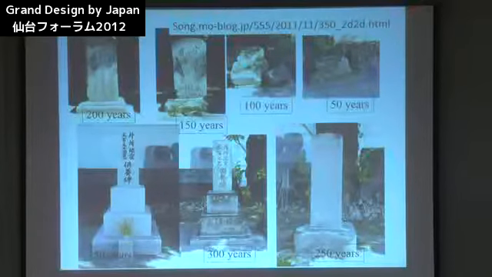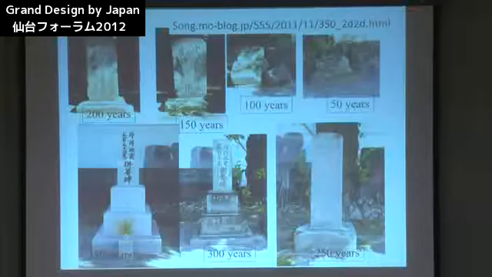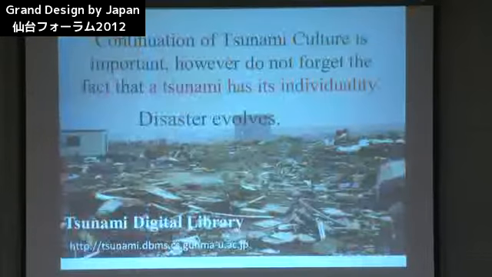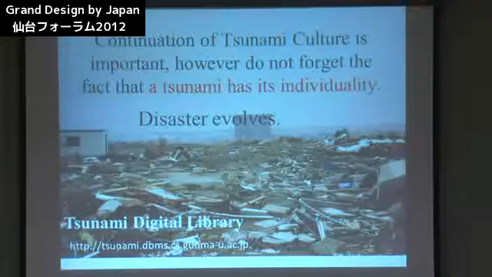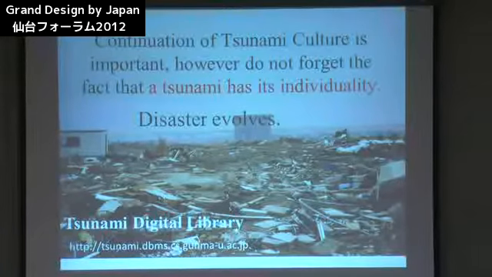Maybe we can continue the knowledge, but we are not sure whether we can continue our wisdom of how to behave in case of a tsunami. Many data are installed in this tsunami data library. Most of them are written in English, but some have English, French, and Spanish explanations.